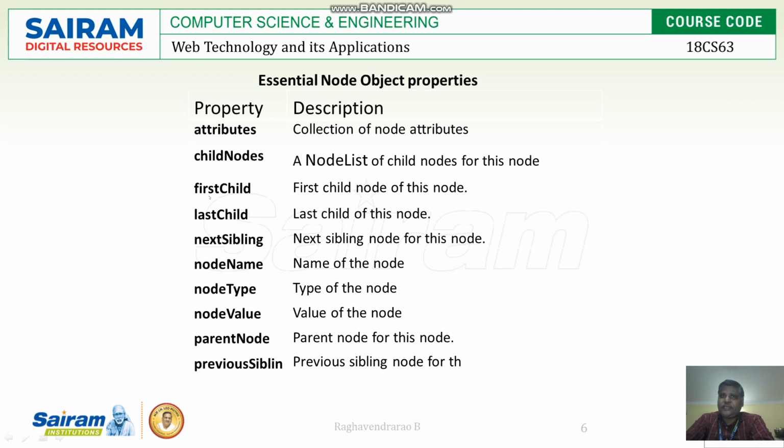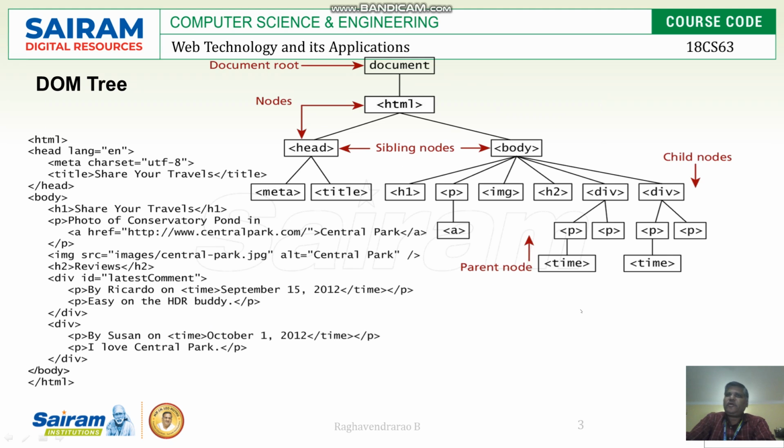First child, that first child is going to be taken. Last child, okay. Next sibling of that particular node. Node name, okay. Node type, node values, okay. Parent node, previous sibling. From this you can understand what all things it is. Child nodes are there, parent nodes are there, siblings are there, nodes are there.